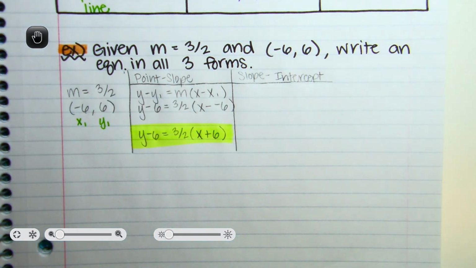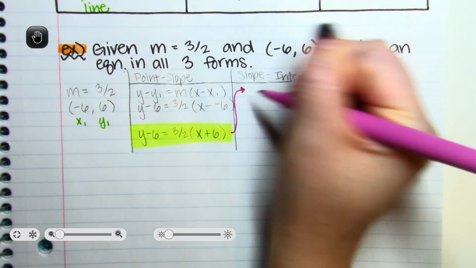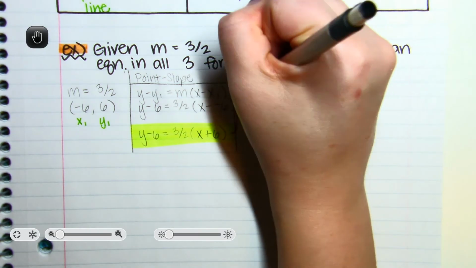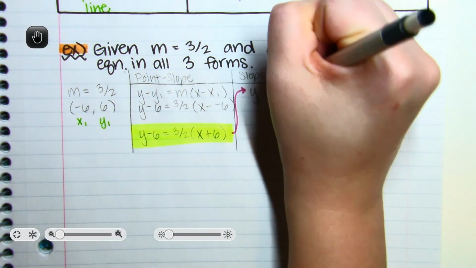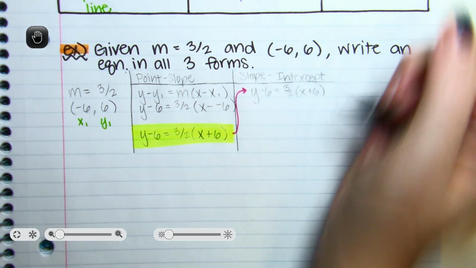So rewriting this into slope-intercept form, I'm going to take this, bring it up here, and I'm just going to rewrite it. Y minus 6 equals 3 over 2 times x plus 6.